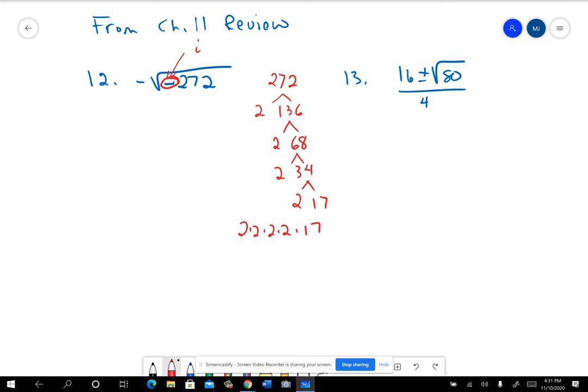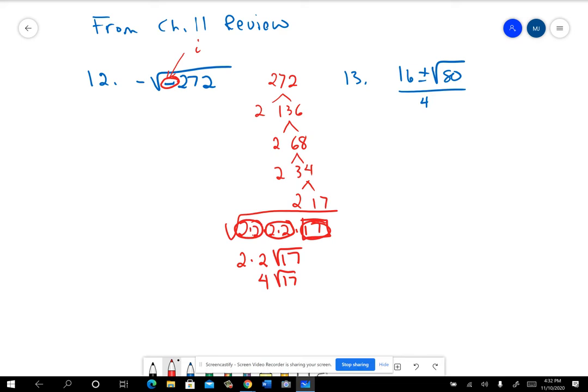So if I needed the square root of that, then I need a pair in order for it to be out of the radical. So square root of 4 would be 2, the square root of 4 would be 2, but this doesn't have a pair, so this right here would be left underneath. So I get 4 square root of 17, but remember this had a negative along with it.